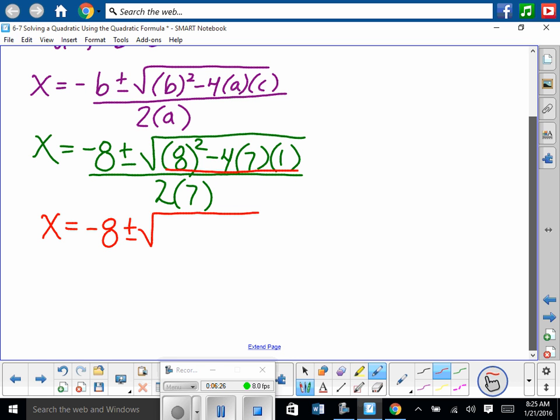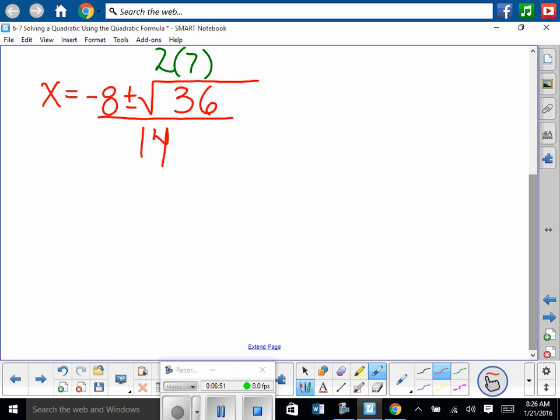I'm typing it in with parentheses exactly as shown, with parentheses on everything. So type it in: parentheses, 8 squared minus 4 times 7 times 1. You should all practice typing it in. 36. Positive 36. And that's all over 2 times 7, which is 14. Is everybody comfortable up to here?